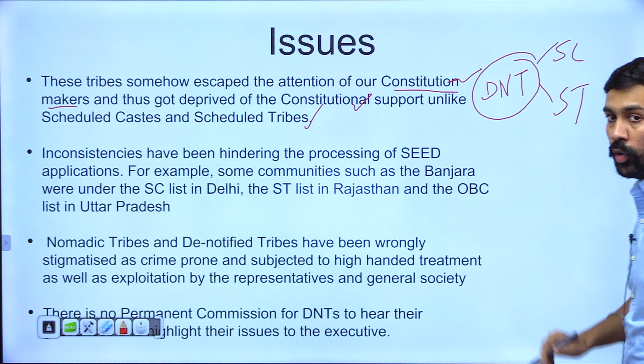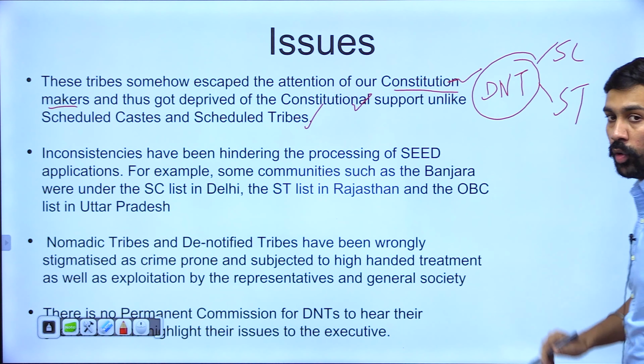But there is no permanent commission for DNTs who can highlight their issues and grievances to the executive or to the legislature, to the MLAs, to the MPs, or to government representatives, who can better analyze their prevalent status and how they can be economically and socially empowered. As such, no body exists to specifically highlight their issues and address their grievances.